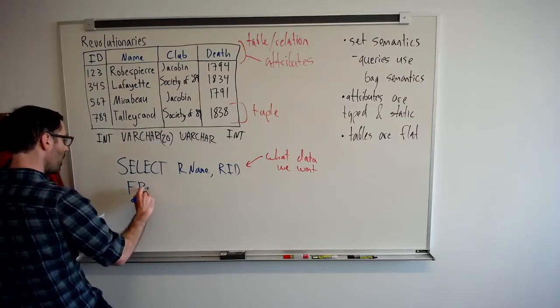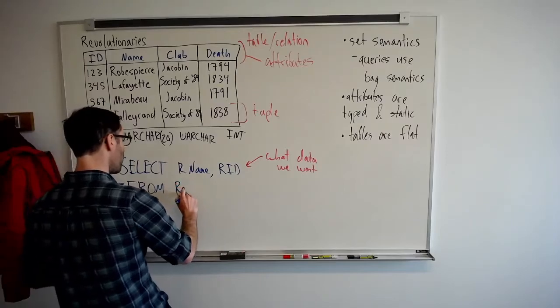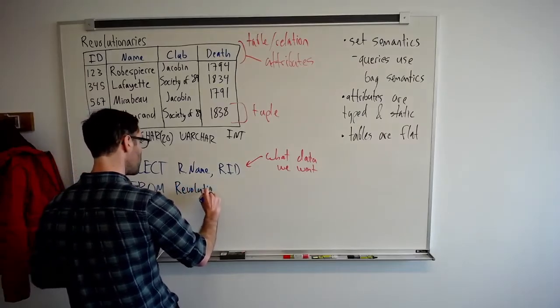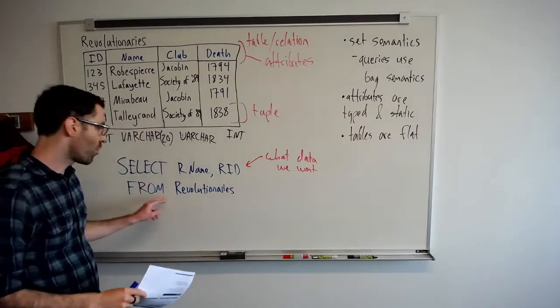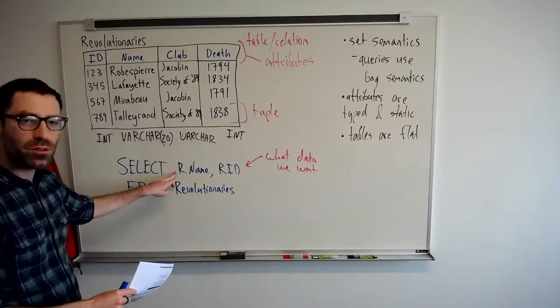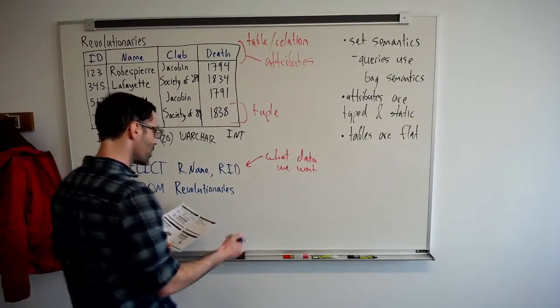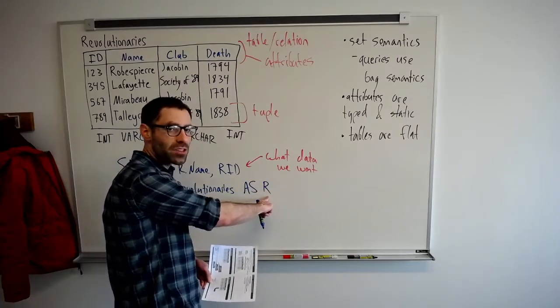We would say from, we're taking it from the revolutionaries table, but I don't want to write out revolutionaries everywhere in this query to refer to it. I want to refer to it just as R, and so I can say revolutionaries as, and then give it some alias, some other name.